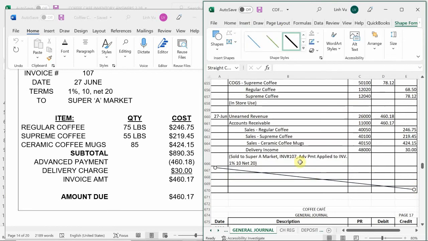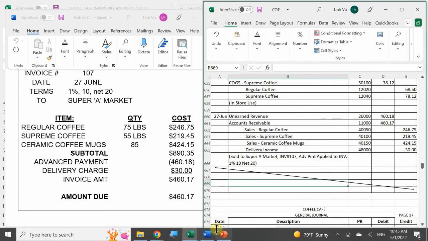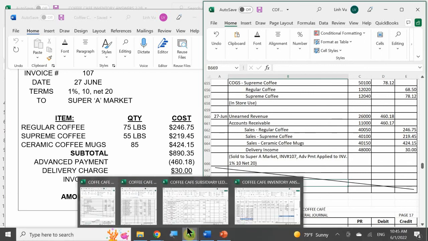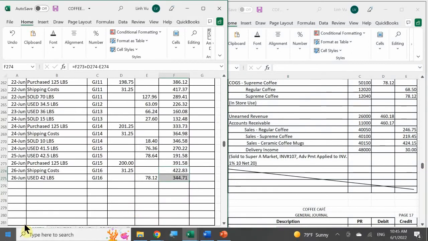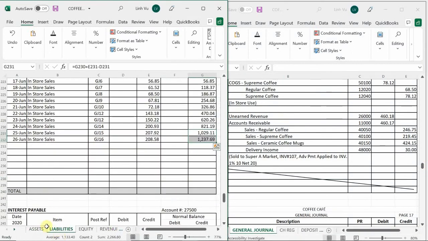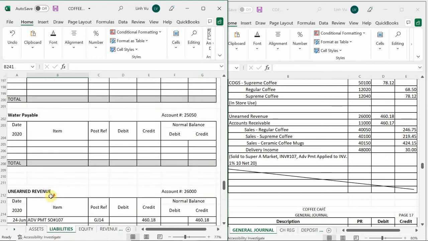All right. There you go. So now that I have my journal complete, I need to now go ahead and enter these values into my ledger. Okay. Starting with the first one is redeeming that voucher for the unearned revenue. So this was a liability. Okay, there you go.